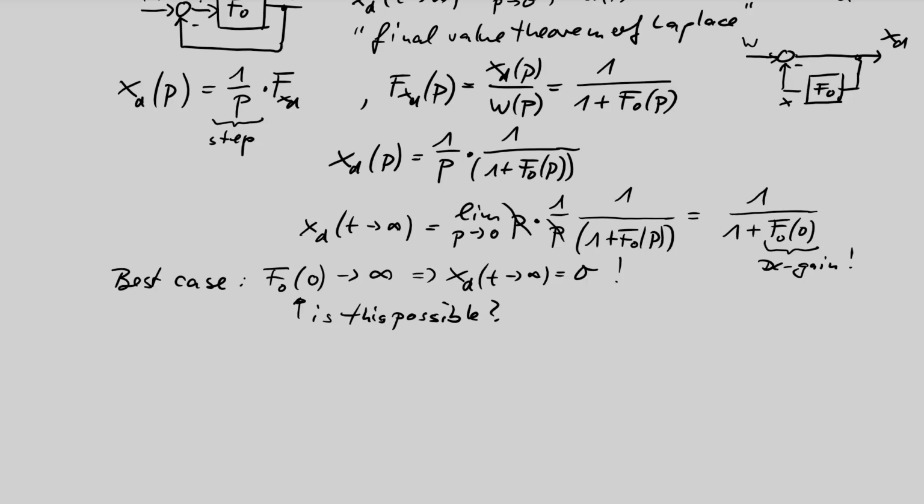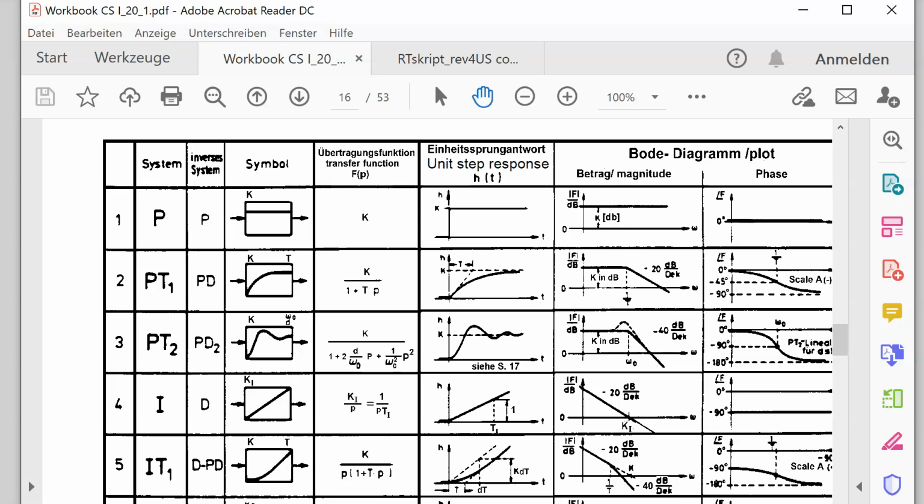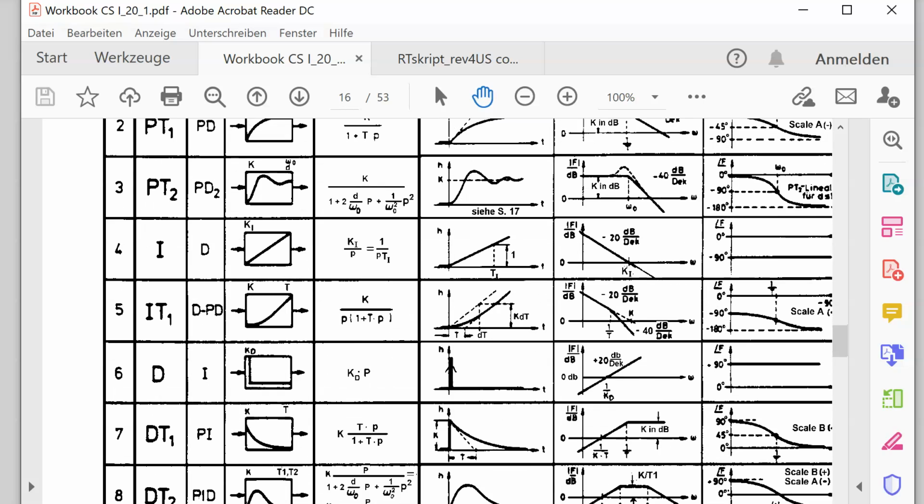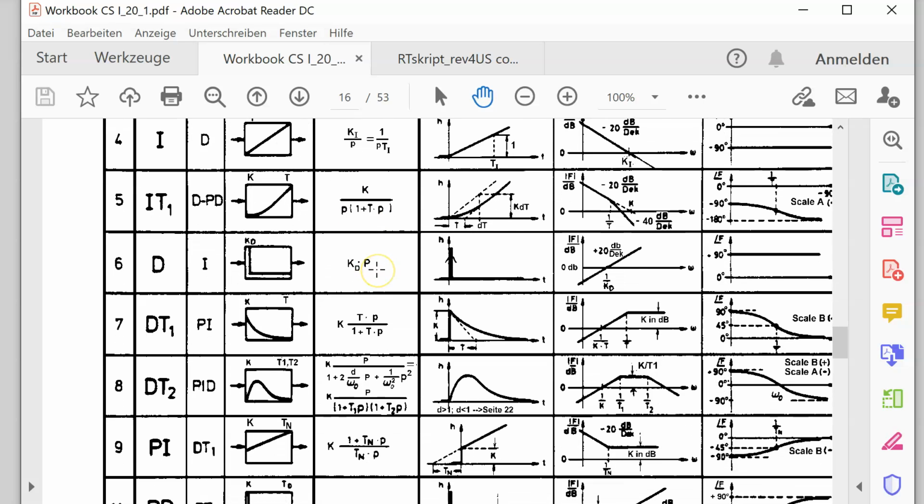I show you page 16. Yes, it is possible. You would just look for an integrator. An integrator is a transfer function, constant value over p. If p goes to 0, this is infinity. Here is a p in the denominator. A naked p in the denominator causes exactly this case.